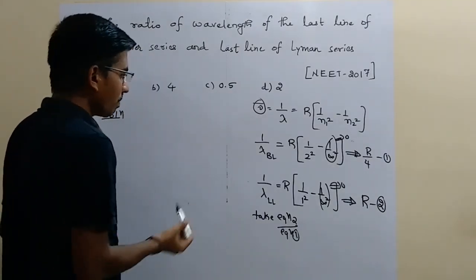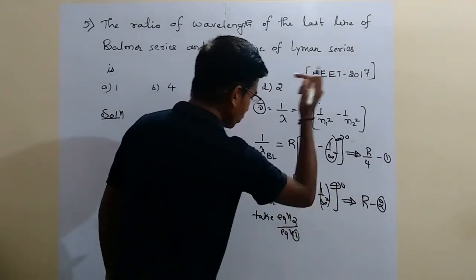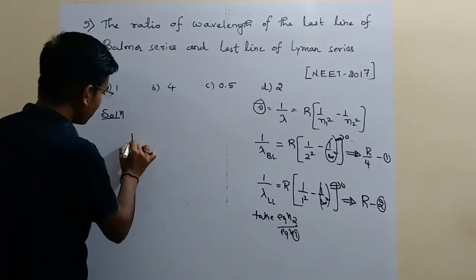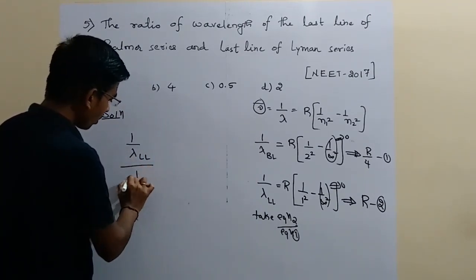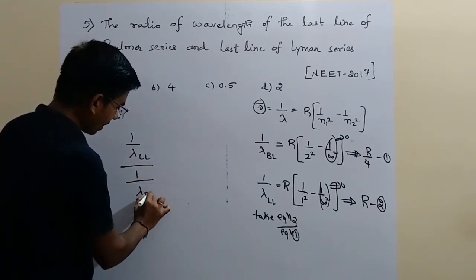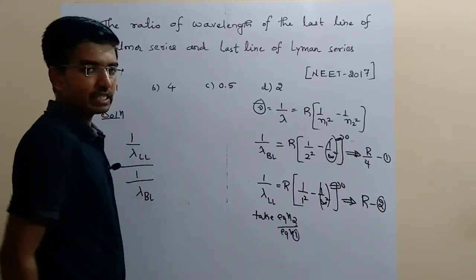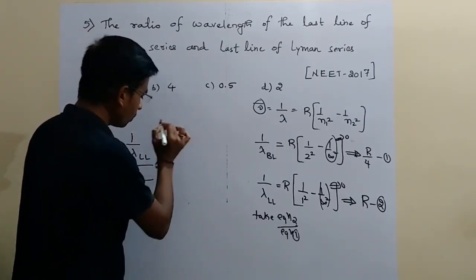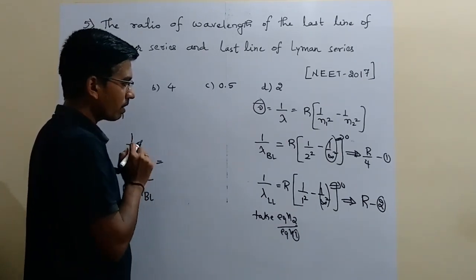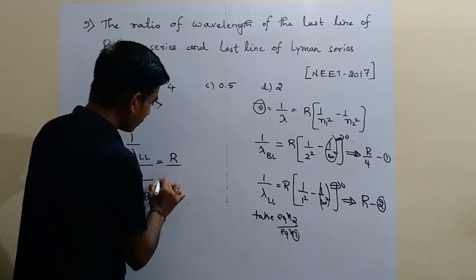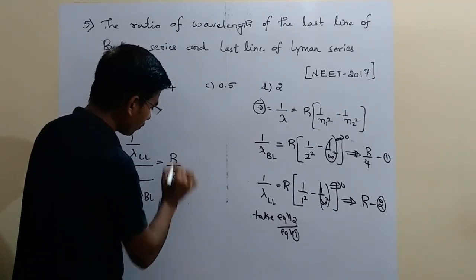Next, what happens if you take equation number 2 divided by equation number 1? Then that equation becomes 1 upon lambda LL divided by 1 upon lambda BL. So this is with respect to LHS. Now come to the RHS part. Equation 2 by 1 means that is R divided by R by 4.